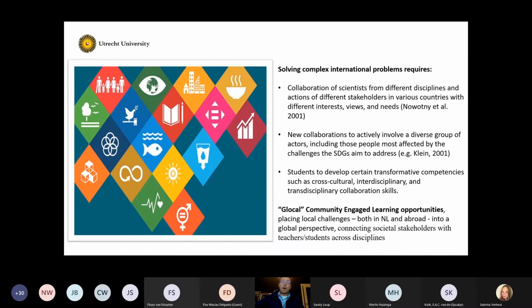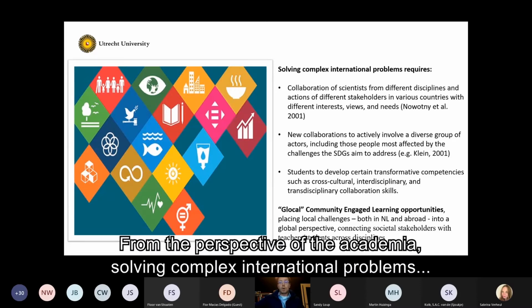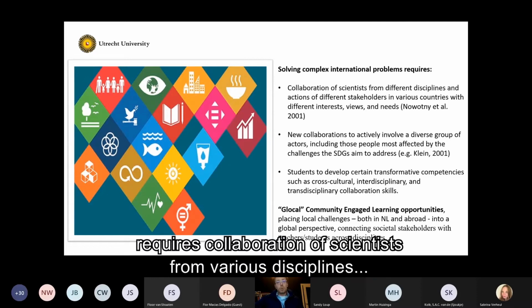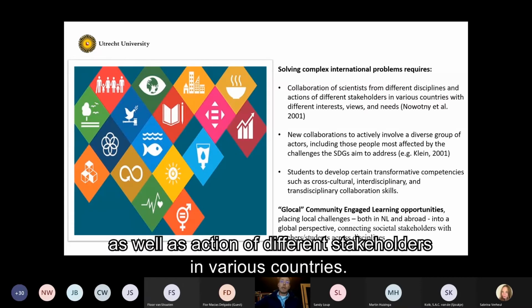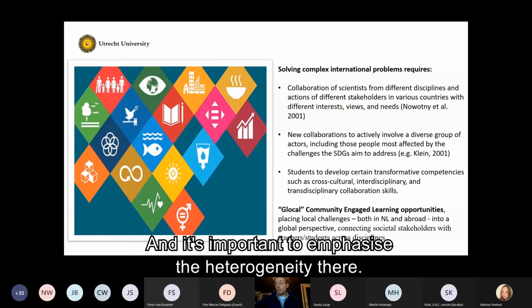So from the perspective of the academia, solving complex international problems requires collaboration of scientists from various disciplines, as well as action of different stakeholders in various countries, and it's important to emphasize the heterogeneity there.